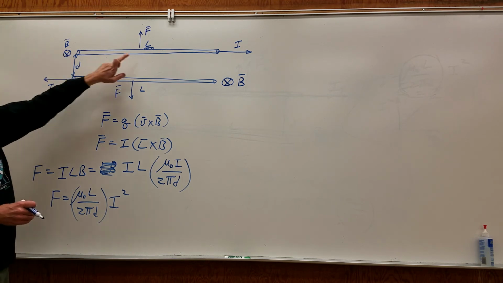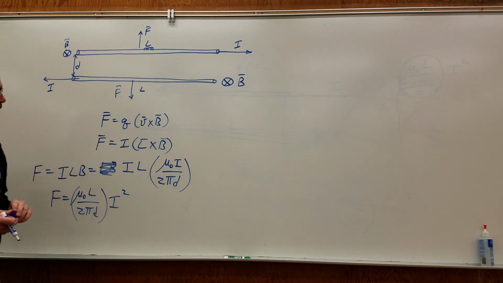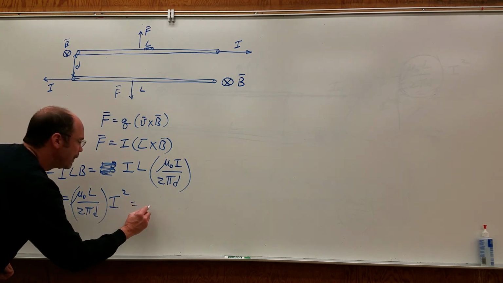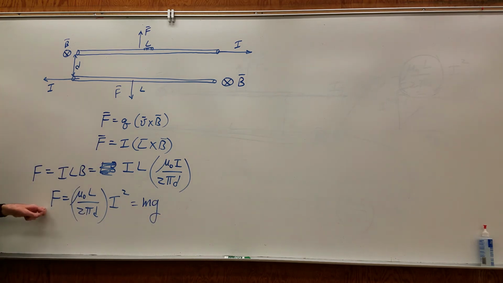How much current you have to put in is directly related to how much mass you have there. So since I'm looking for equilibrium, I'll set that force equal to the mass times g, or the weight that I put on that little portion.